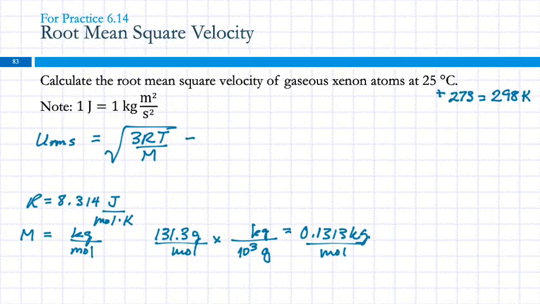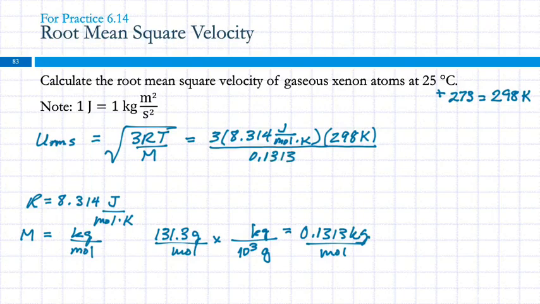So I collect all those pieces. And I've got 3 times the ideal gas constant. It's a different number because it has different units, but it's the same quantity. There's R, there's my temperature, and then this is divided by 0.1313 kilograms per mole, and the square root of the whole thing.